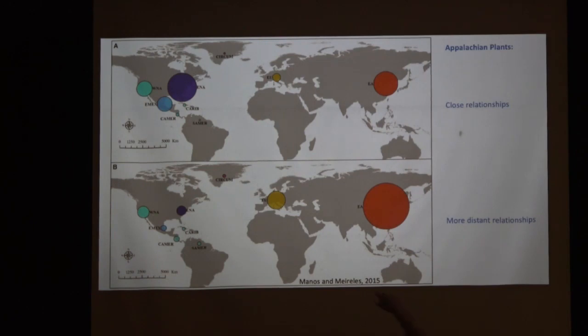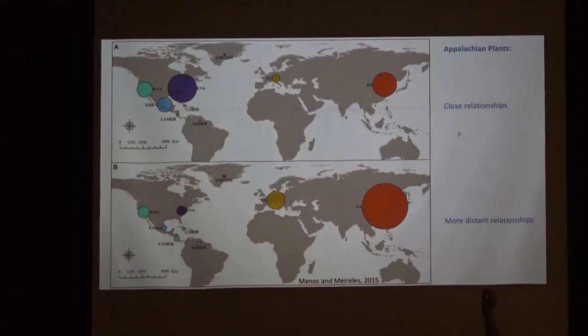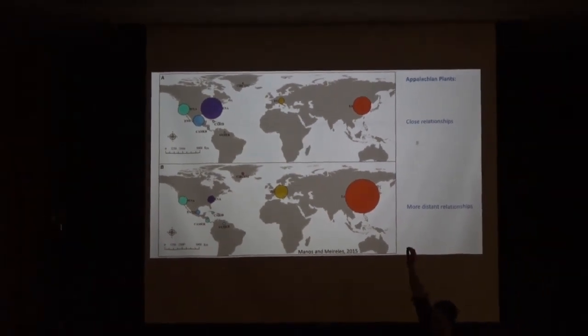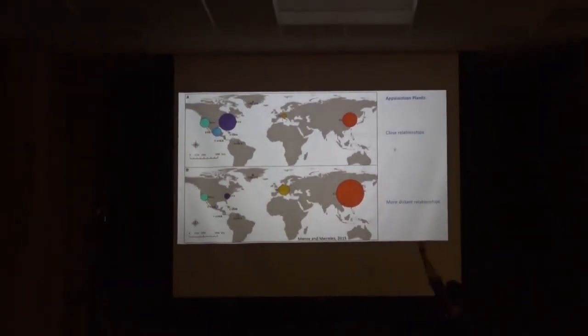So the purple circle there is a species that you find in the Appalachians, its next closest sister is also found in northeast the US. So its relatives are all close to home. A lot of those are found for those sister relationships. But you are still well represented for Asia as well. A lot of species in northeast US, their closest sister relative is found across in Northeast Asia, in Southeast Asia.